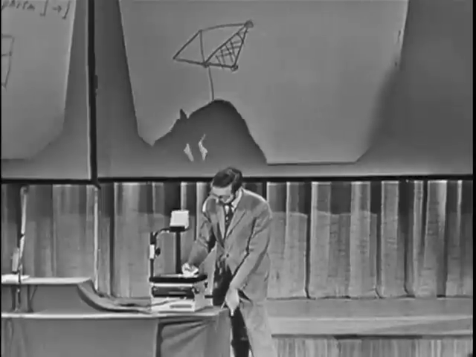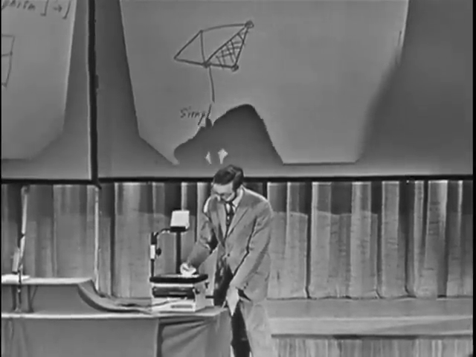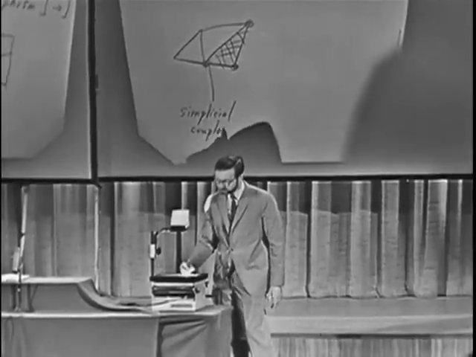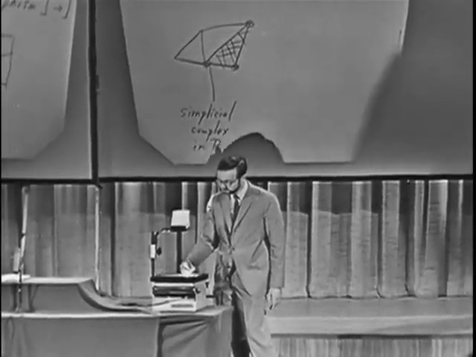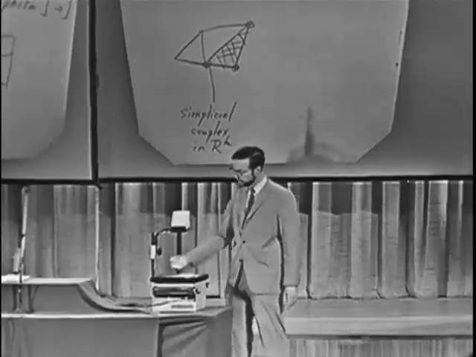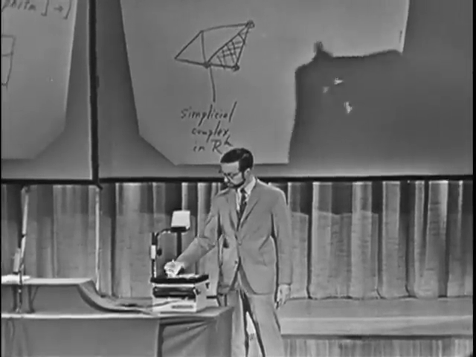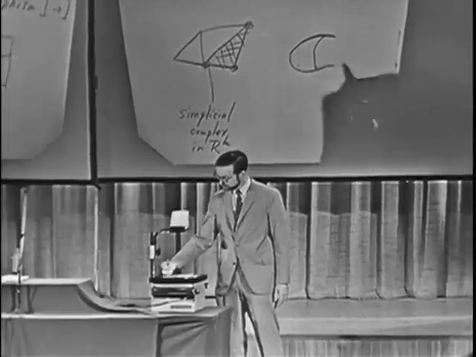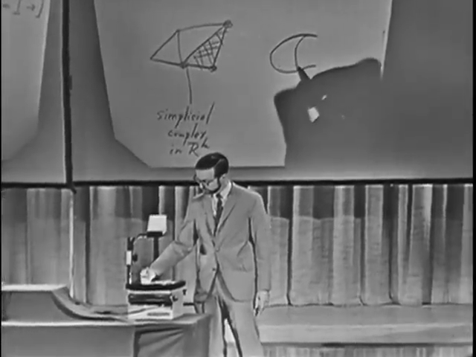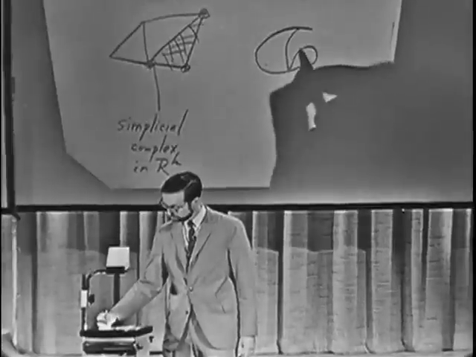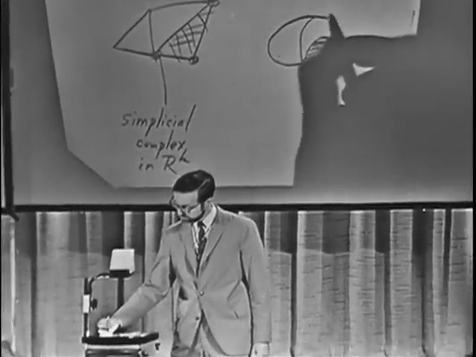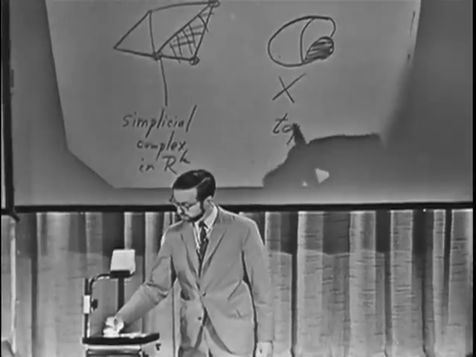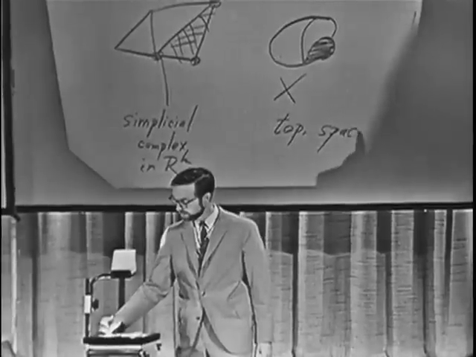So here one has a simplicial complex. I'll think of it as being in some Euclidean space Rk. And over here one has some arbitrary topological space. To match this picture, let me draw it like this. So this is simply a topological space, which we can think of as lying in Euclidean space also, if we like.